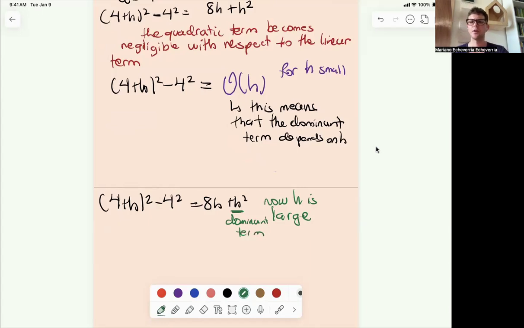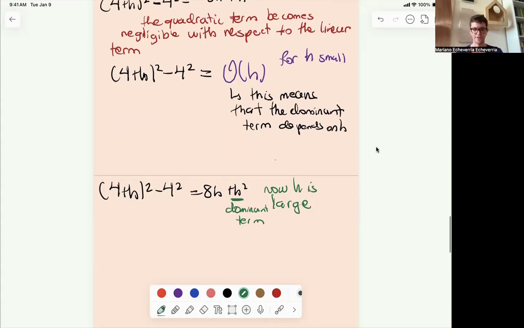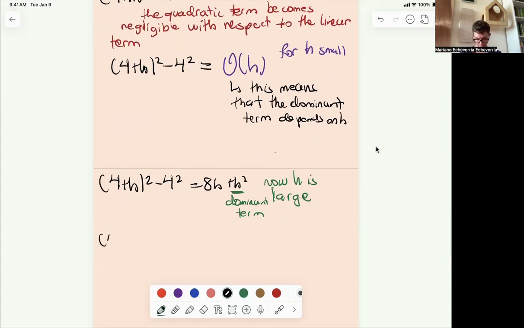Is that making sense? So in the big O notation, now you would say that 4 plus h squared minus 4 squared is big O of h squared for h large.